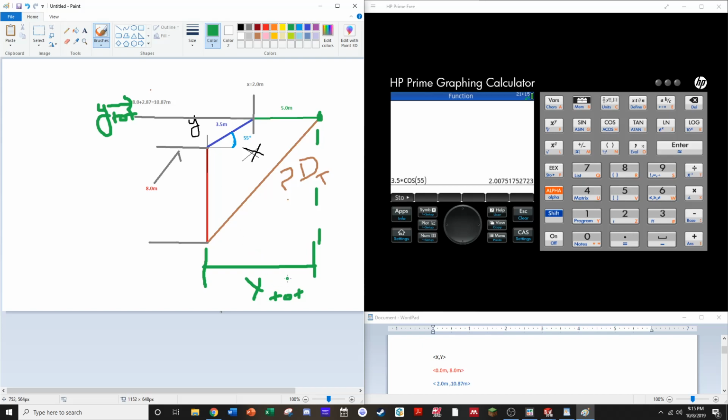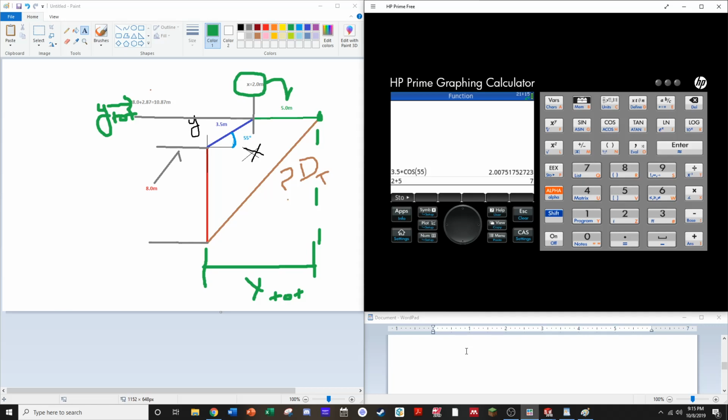And this is the max distance. So we can just add this x value to this value because it's in a straight line, okay? So it's 2.0 plus 5.0, and that gives us 7.